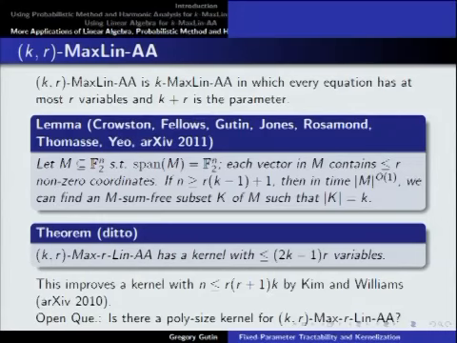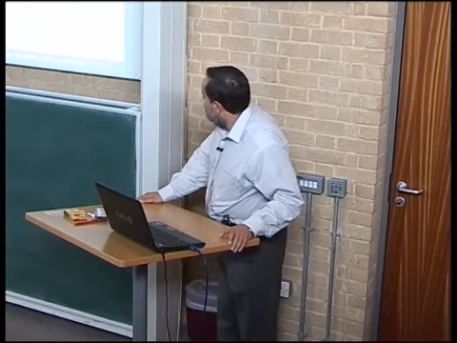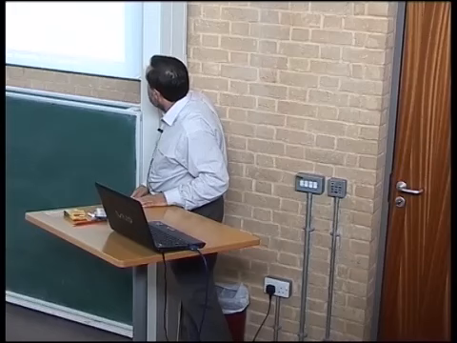So we don't know whether there is a polynomial size kernel for this problem or not. Is the problem on the bottom right the same as the problem on the top left? Yes, I forgot to write r there, in the middle between max and lean.